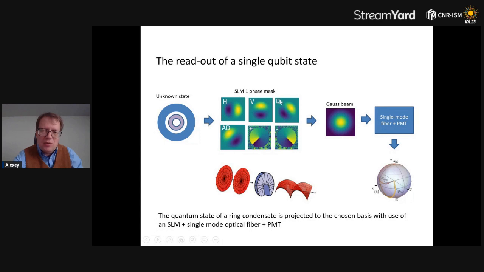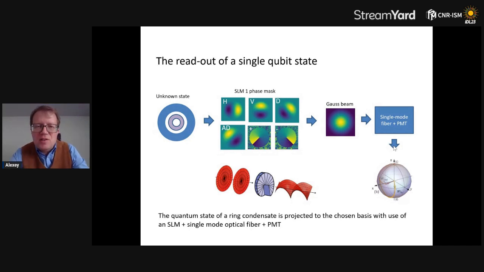SLM, spatial light modulator, creates a phase mask that sets a basis in which you measure your state. Then, if the state of the condensate coincides with the state of the phase mask, then after the phase mask you have a Gaussian beam that passes through the optical fiber, a single mode optical fiber. Then it comes to the photomultiplier, and you have some signal. You say 1, signal equal to 1.